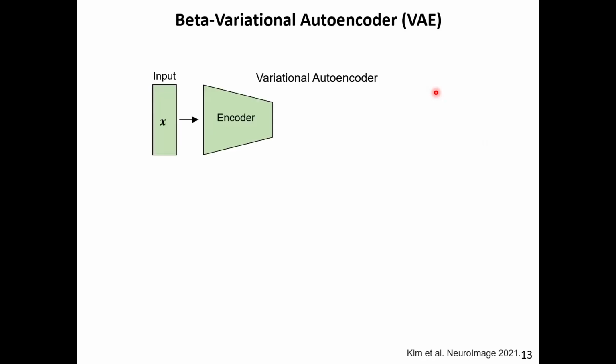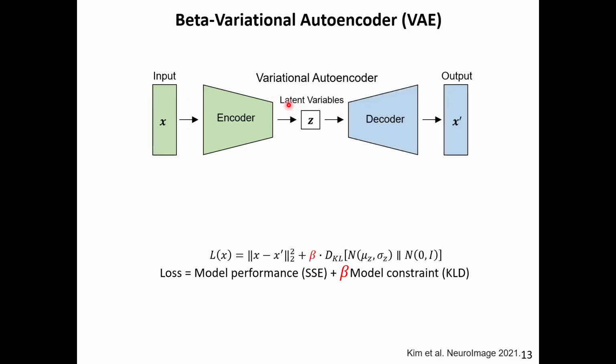Anyway, after we built this geometry reformatting, we also designed the architecture of the variational autoencoder. Among other types of VAE models, we used the Beta VAE. The Beta VAE basically consists of 3 parts: the encoder, the latent variables, and the decoder. And this is the governing loss function for the VAE model. Basically, it has 2 parts.